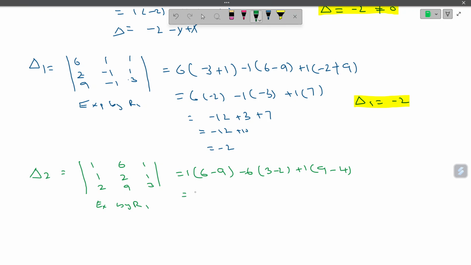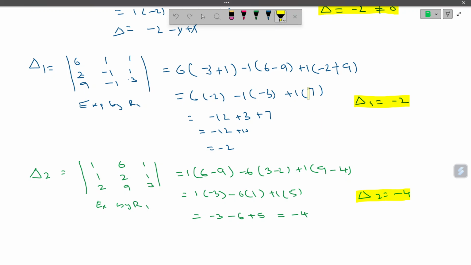So 6 minus 9 is minus 3, 3 minus 1 is 1, 9 minus 4 is 5. So minus 3 minus 6 plus 5, so minus 9 plus 5 is minus 4. So del 2 equal to minus 4. Del 2 equal to minus 4.